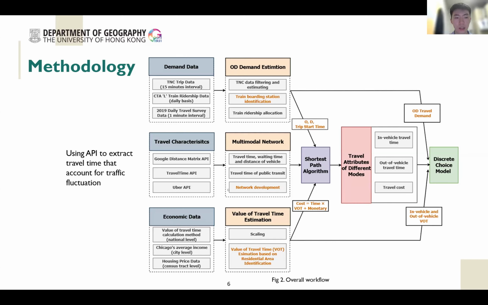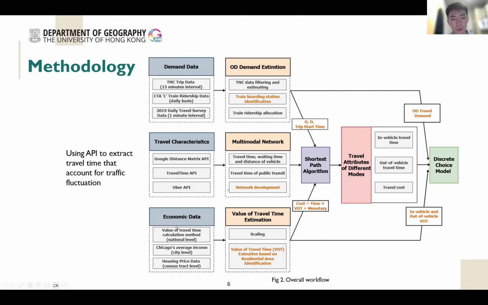Then we use these travel times, distances, and fares to establish the multimodal networks. Lastly, if we want to use a route searching algorithm to find the shortest path for each mode, we need to convert the travel time to cost using the value of travel time. But the value of travel time may vary across different socioeconomic groups.